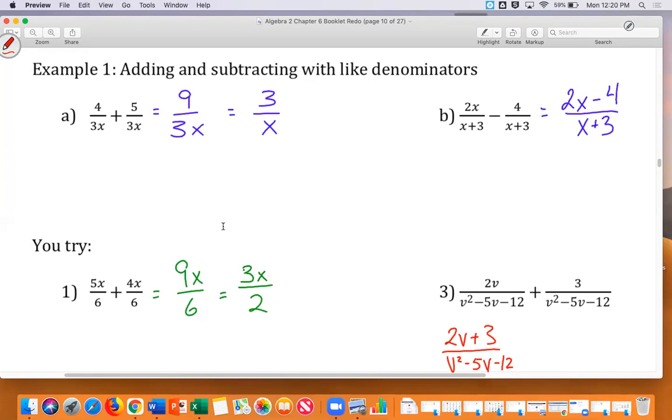No, we have 1 and 12 that either gives you 11 or 13. And then you have 2 and 6, that's either 8 or 4. And then 3 and 4 either gives you 7 or 1, right? So the answer is yeah, that's in reduced form. I can't simplify that anymore. Okay.